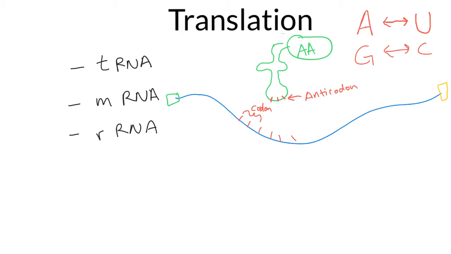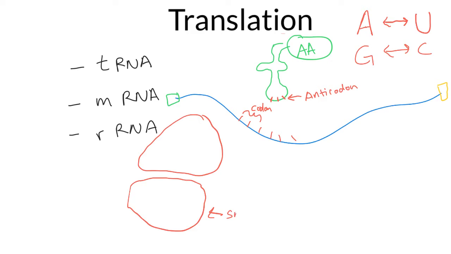The ribosomal RNA is also made of RNA folded up, and it has two subunits. So we have the small subunit and large subunit.